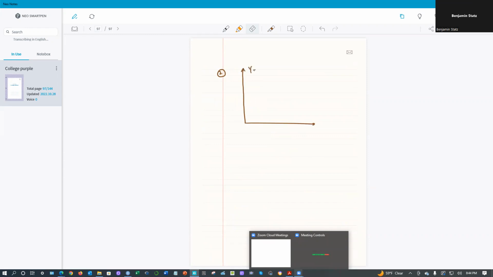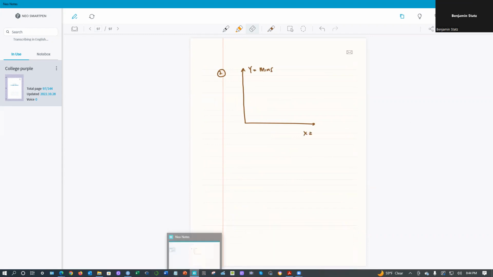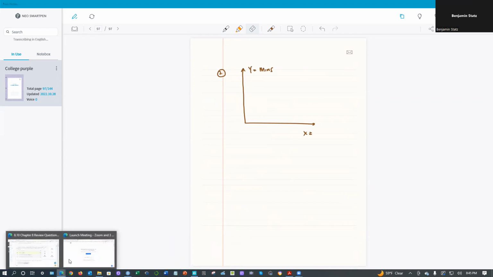Y would be minutes, and X would be FT made, or X would be FT percentage, FT PCT. Free throws made and free throw percentage.